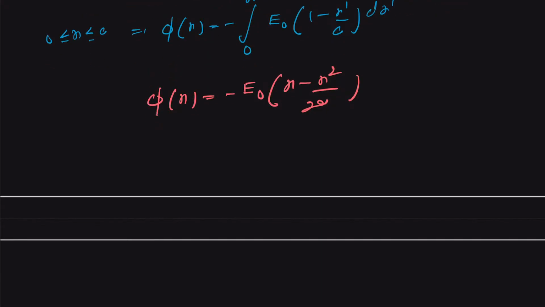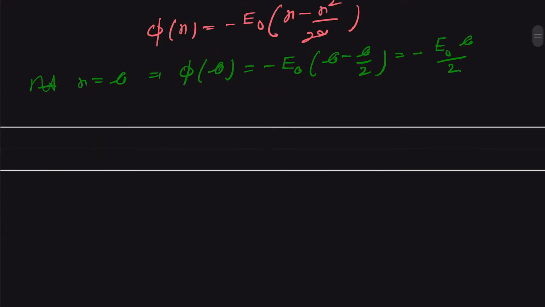So you can say that at x is equal to a, we get this as our phi of a will be equal to minus of E naught and a minus a by 2, which gives us minus E naught a by 2. And for the other end, we are having at x is equal to minus a.